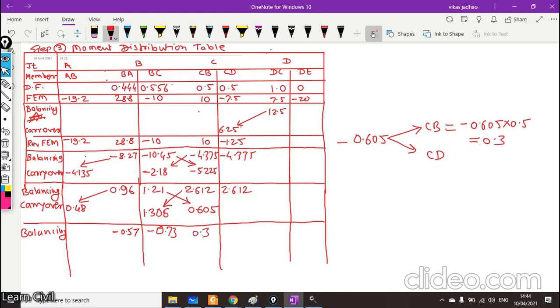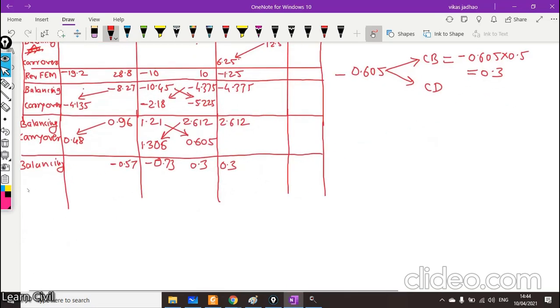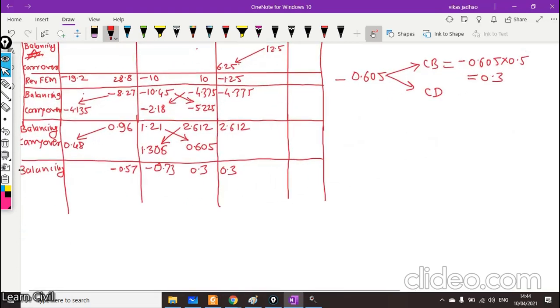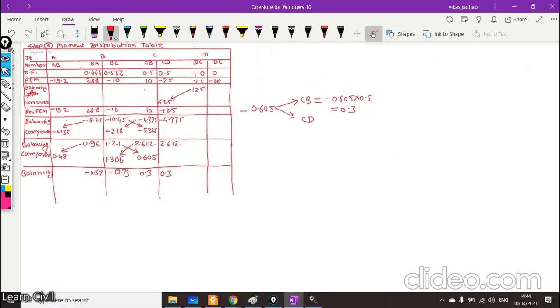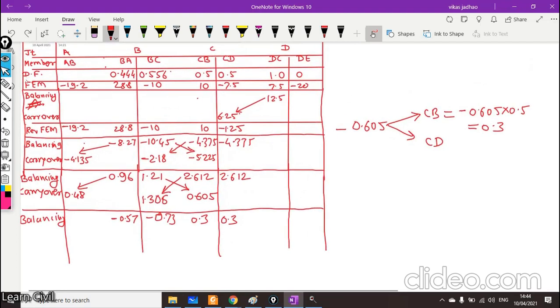So write down here 0.3. Distribution factor is same, therefore 0.3. Again go for carryover of moments. Okay, so again go for carryover, so write down here carryover.